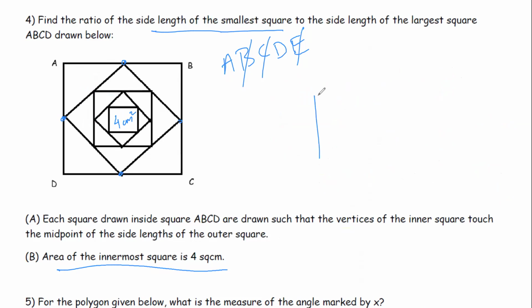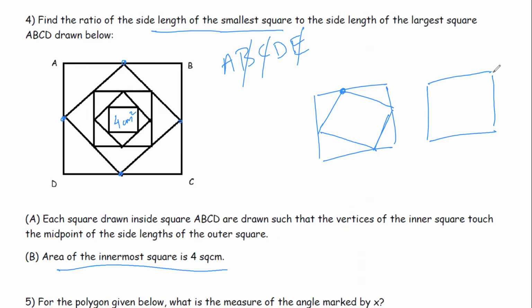It could be something like this, where it could be a square, but not necessarily touching the midpoint, or it could be a square, and we can see it's touching, but it could very well be the case that it could go out and in like that, we don't know, right? Or it could be something like that, we don't know. So the second statement alone doesn't give us an answer.